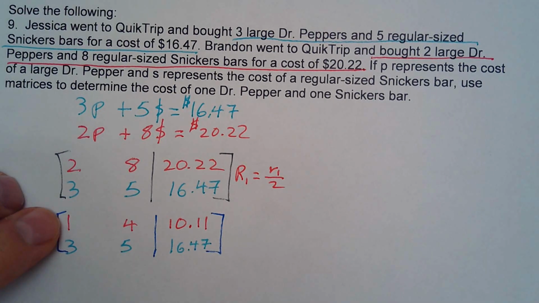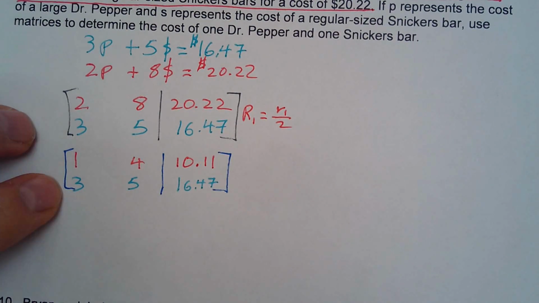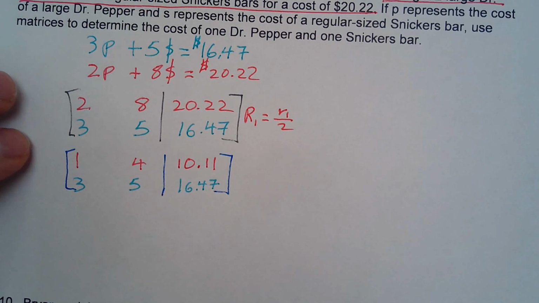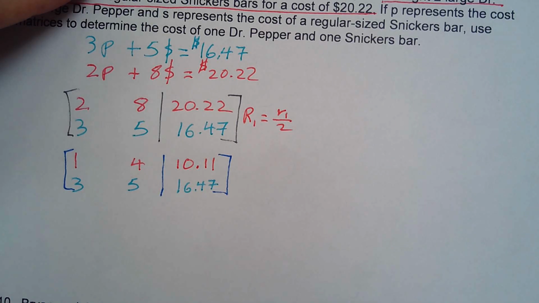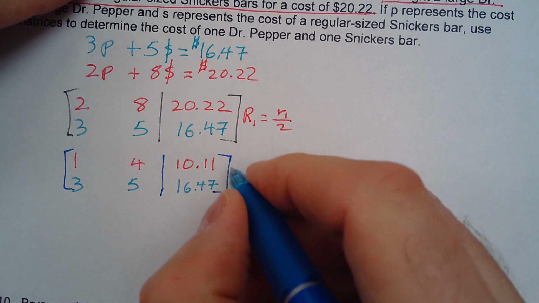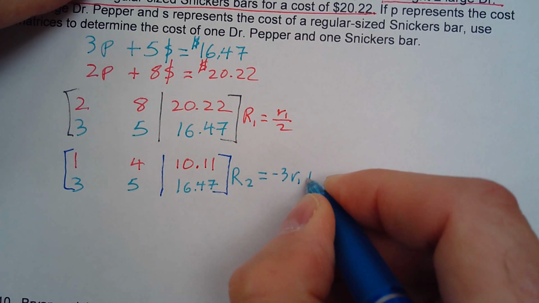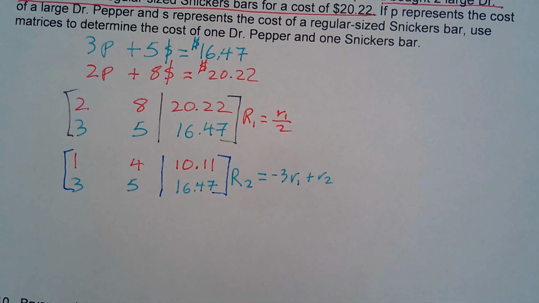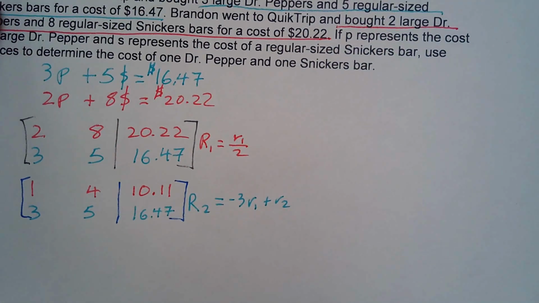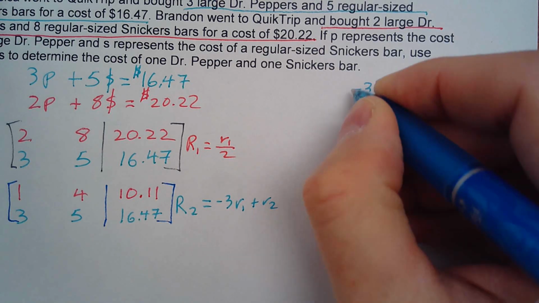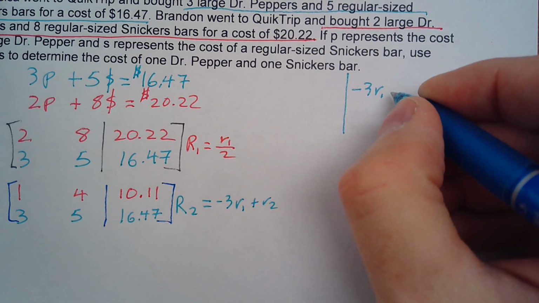Next, I need to multiply row number 1 by the opposite of 3 and add to row number 2. So let's get this going. So row 2 would equal -3 row 1 plus row 2. Now, if you need to go off to the side and do this, there's nothing wrong with going over here on some scratch paper and just doing this out.